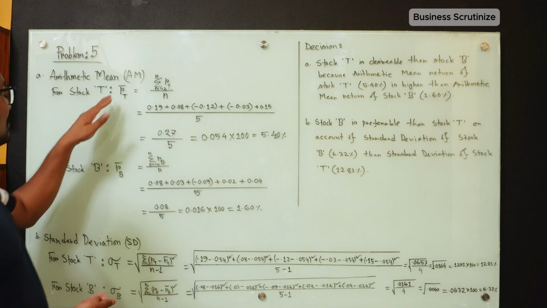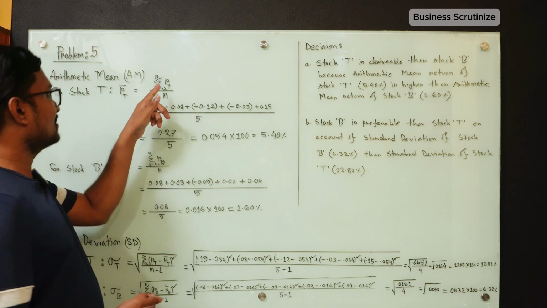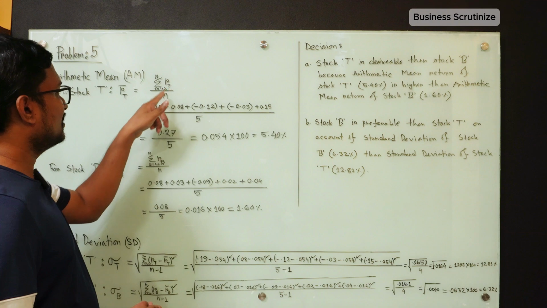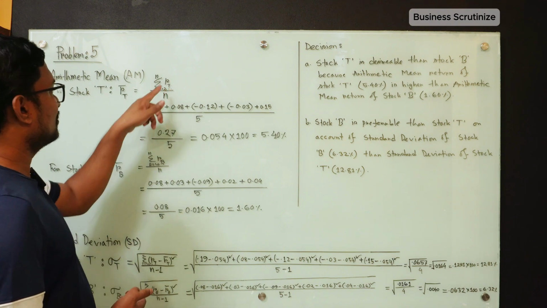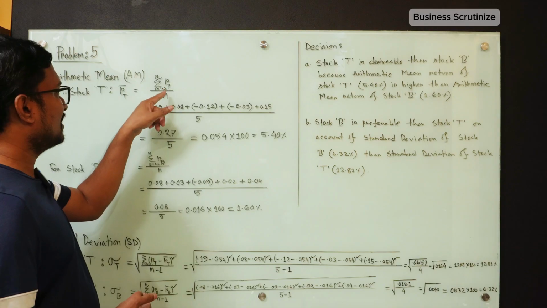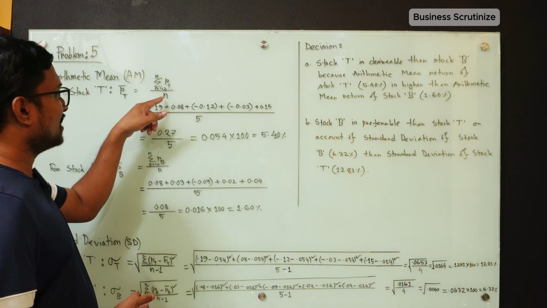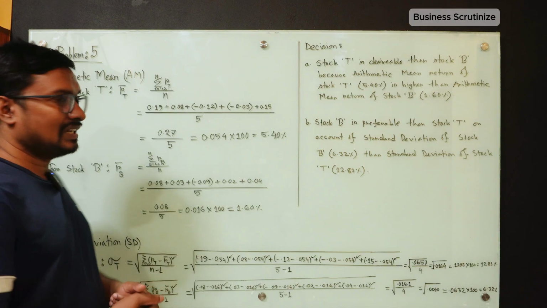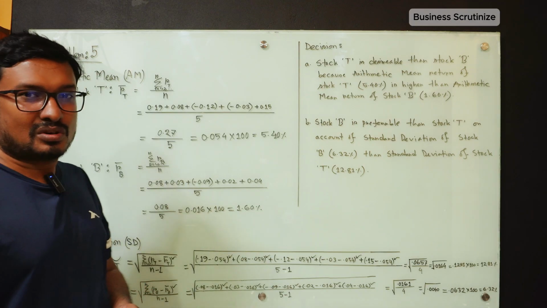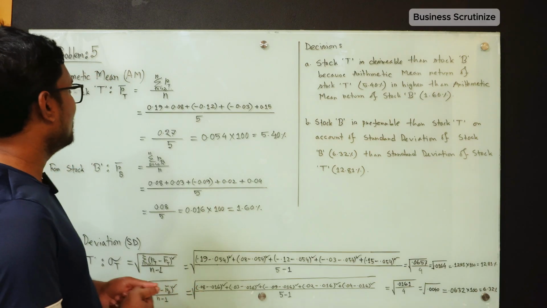So R bar T, the formula, as you can see, is the sum of R T divided by N, so the return of each year for stock T should be summed, and the divisor is N, the number of returns, or we can say number of years or number of variables.